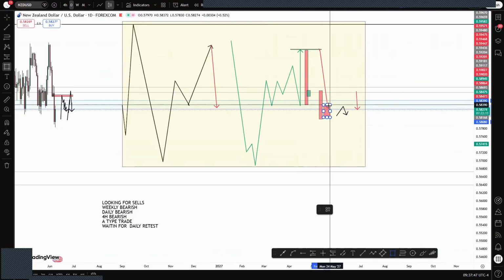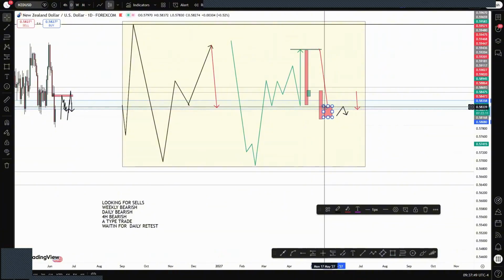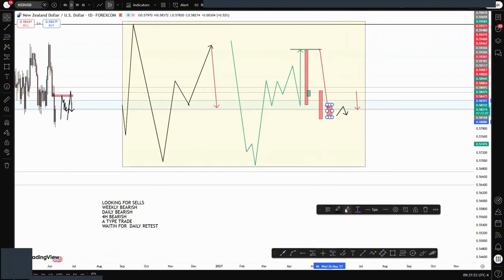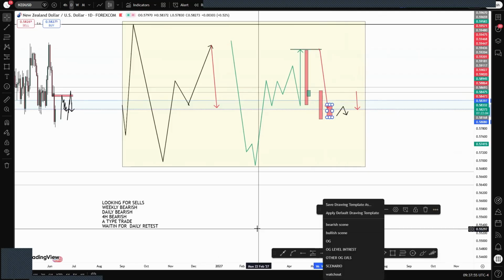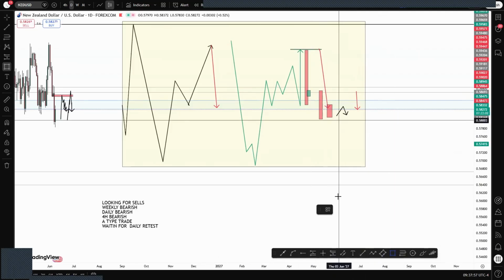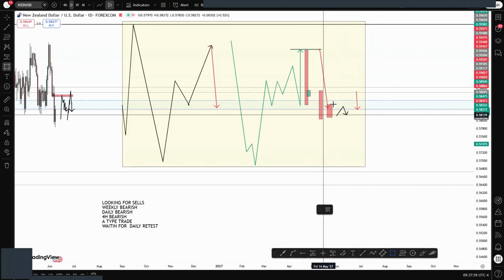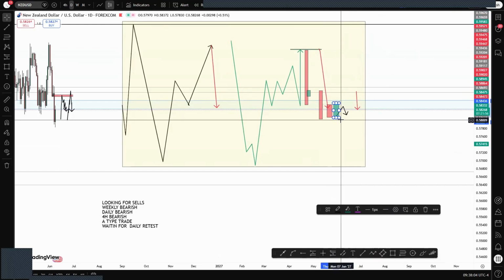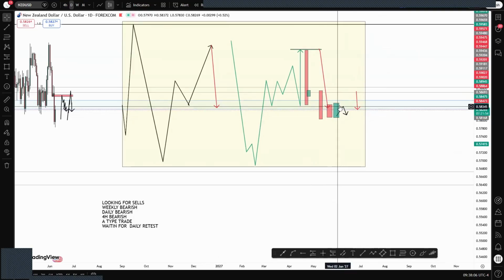So what price is now doing is simply retesting like an A trade should. Then we have another bullish holding at this point. Okay. Then we can enter.